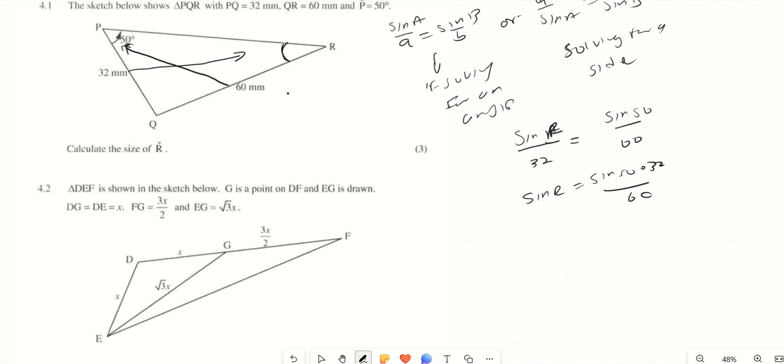Then we take the inverse sine of both sides, so angle R equals sin inverse of sine 50 times 32 over 60.